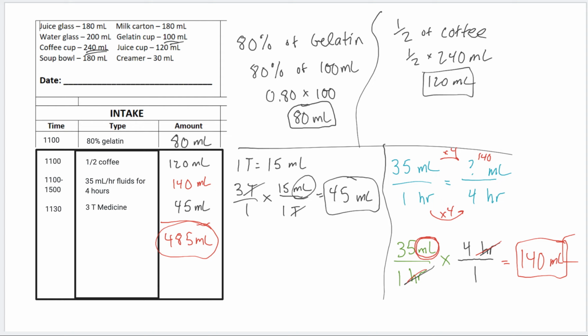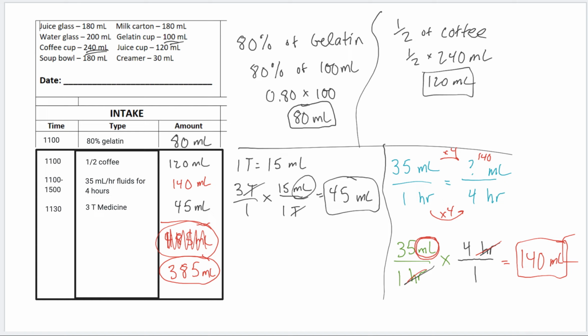Oh, see, that's why I use my calculator. 140 and 45 is actually 185, so I should get 385. Always good to check if you have a calculator. So 80 and 120 is 200, and if I add in those additional values, I get 385 mLs as my total intake.